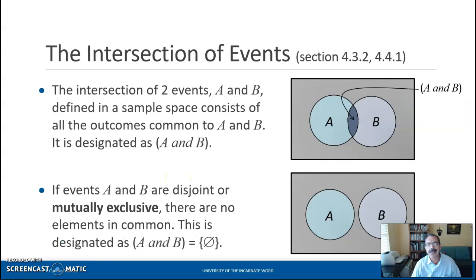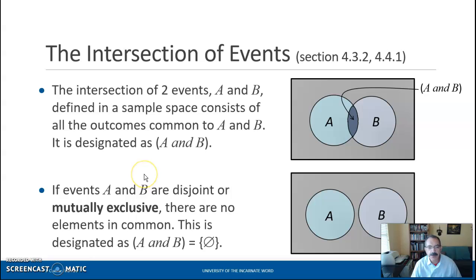All right, the other type of event is what we call the intersection of events. The intersection of two events, A and B, defined on a sample space, consists of all the outcomes common to A and B, and we're going to call that event A and B. By the way, this is covered in sections 3.42 and 4.41.